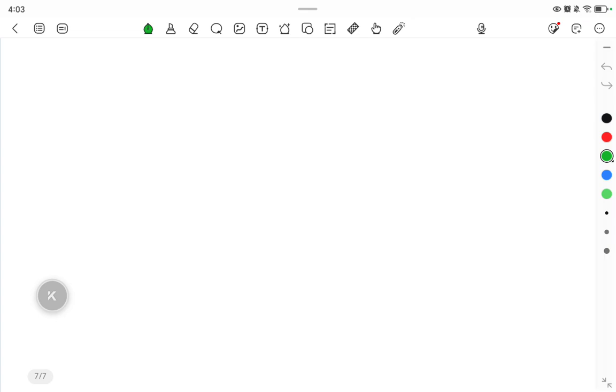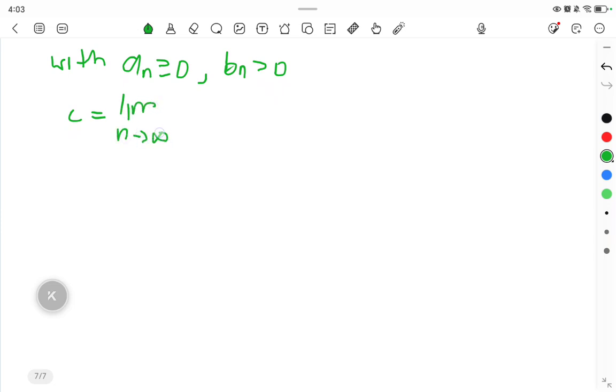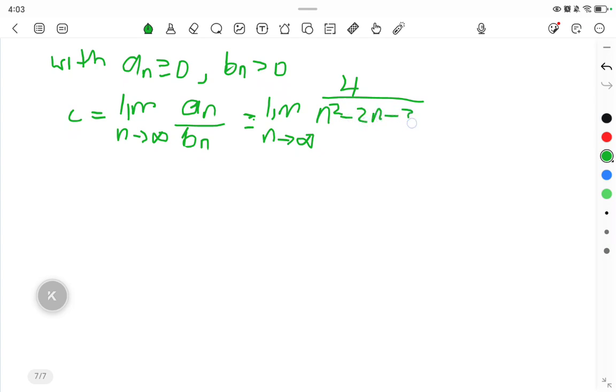So now, we know an is greater than or equal to 0, bn is greater than 0, and now I'm going to define c as the limit of an over bn. Our an in this case is 4 over n squared minus 2n minus 3, over our bn, which is 4 over n squared.